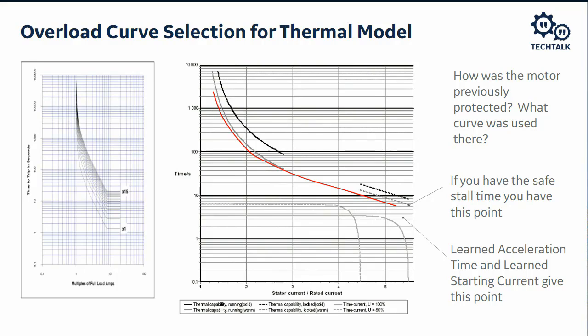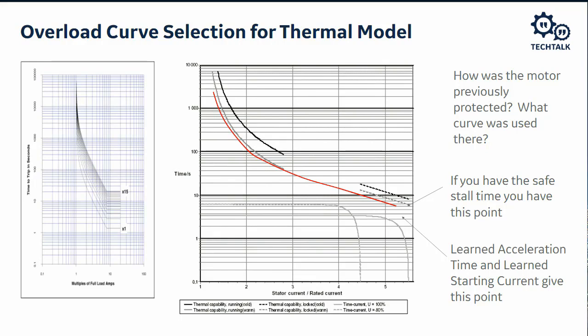Every time that we start the motor, we populate those start statistics, and these are statistical averages. We can start the motor a few times and look at the statistical starting current, the average starting current, and we can also look at the statistical starting time, basically the acceleration time.